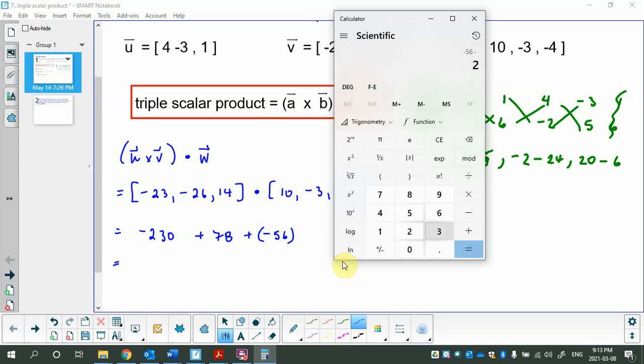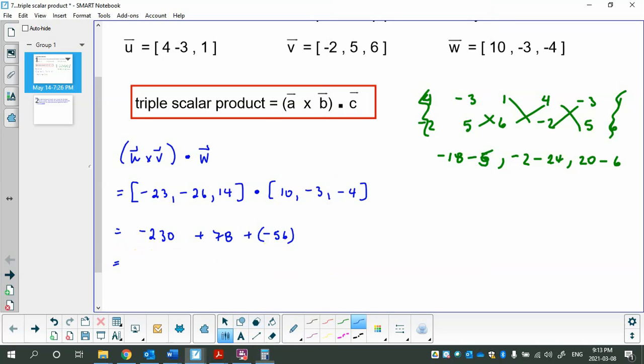So subtract 230, add 78 equals negative 208.